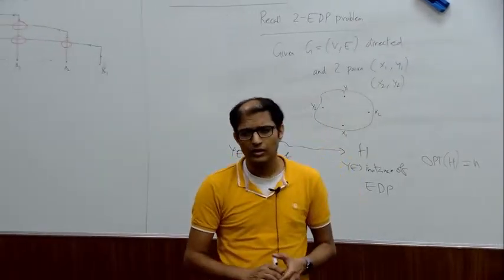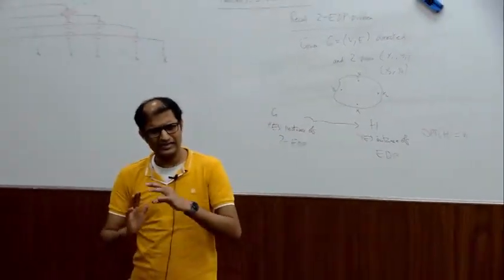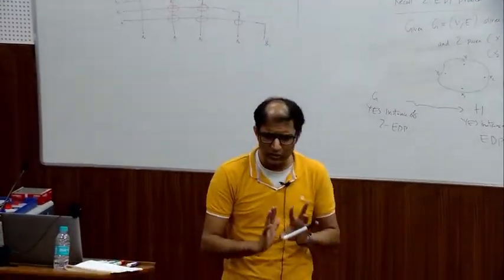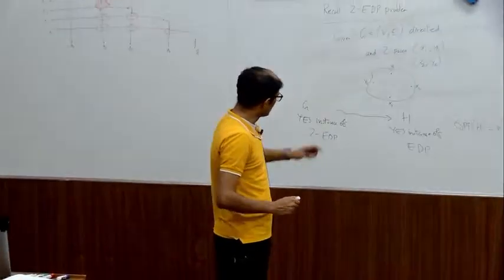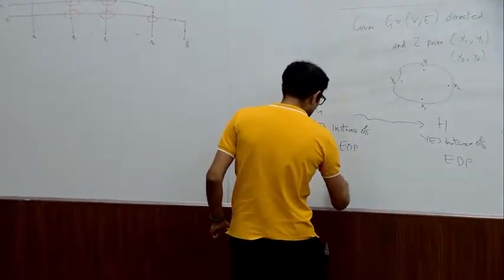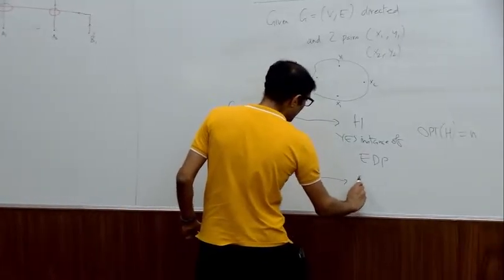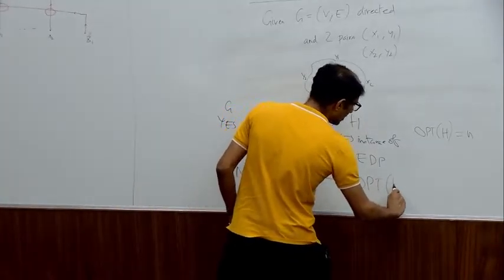Okay. What you discover, and this is not something I'm going to rigorously prove, I'm going to hand wave this part out. If G was a no instance, over here, opt of H would be exactly 1.